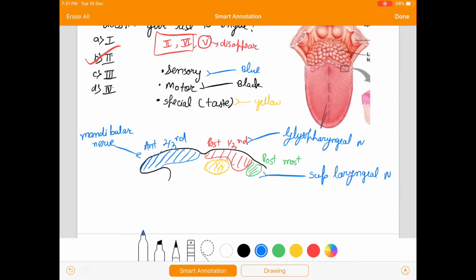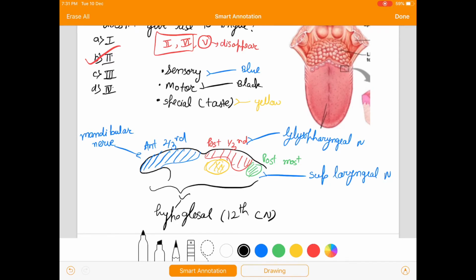Now let us see about the motor nerve supply. So motor nerve supply, whole of the tongue receives its motor nerve supply from hypoglossal, which is the 12th cranial nerve.